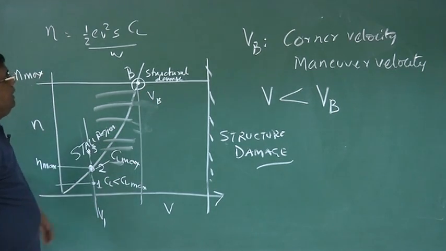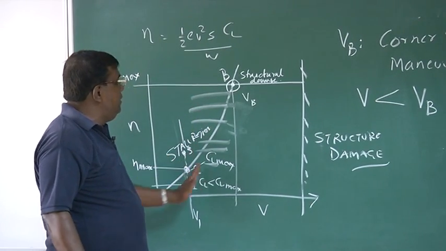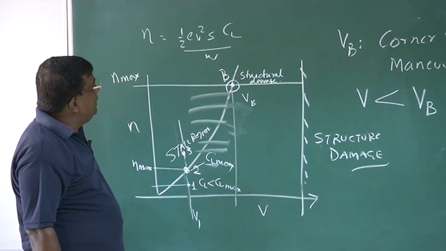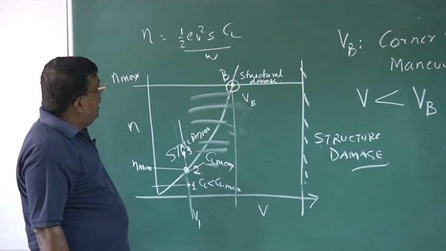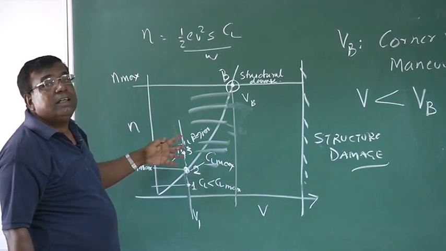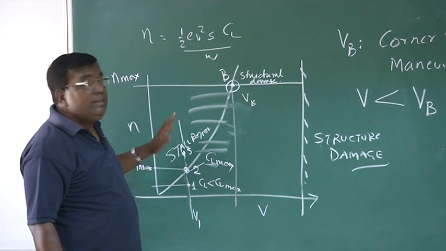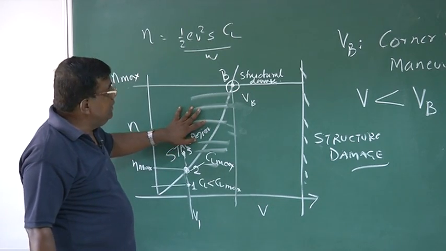Let me repeat. If I am flying at less than VB, in all this speed region here, you could see that there is no way I can damage the structure, right? I can go into stall, but I cannot damage the structure, right?